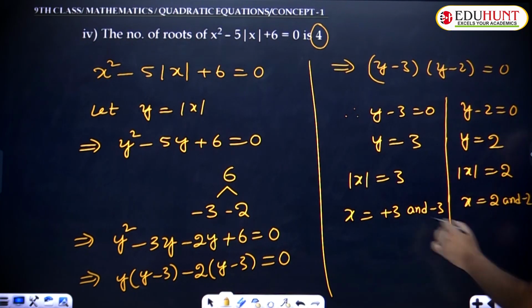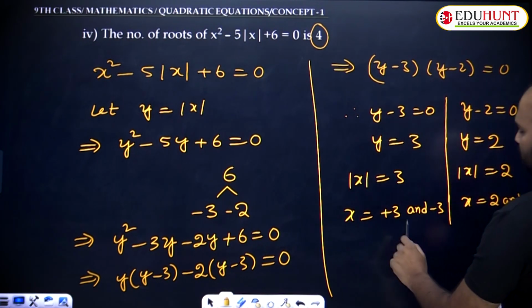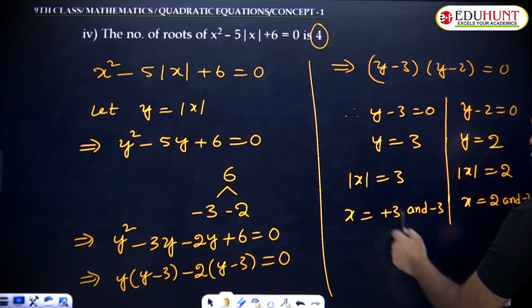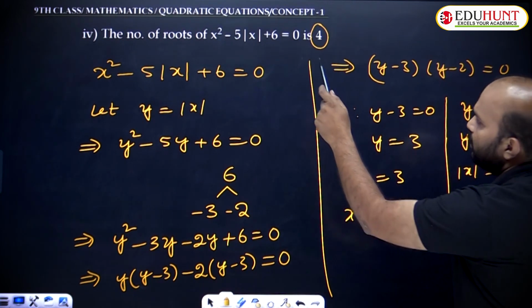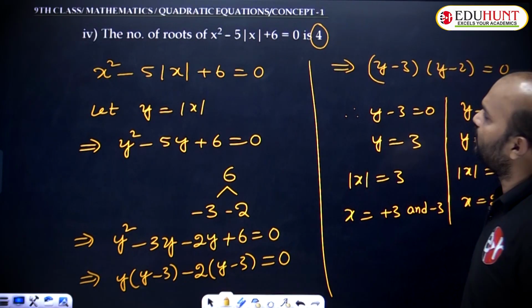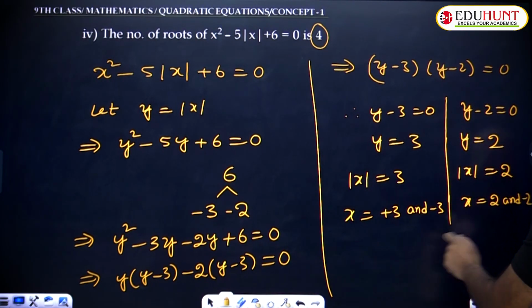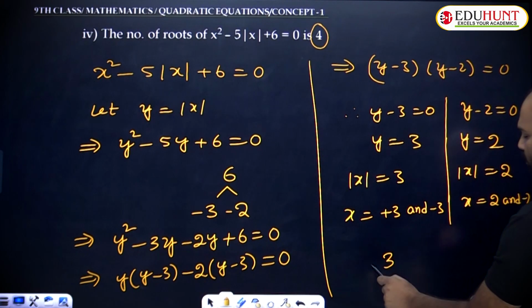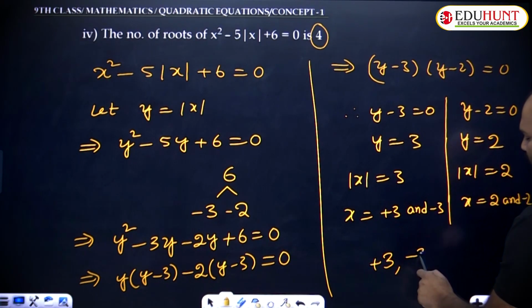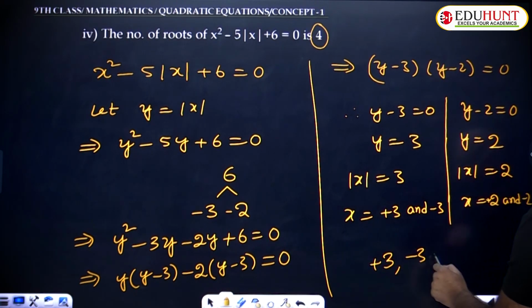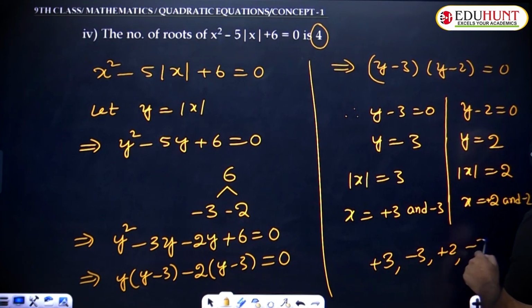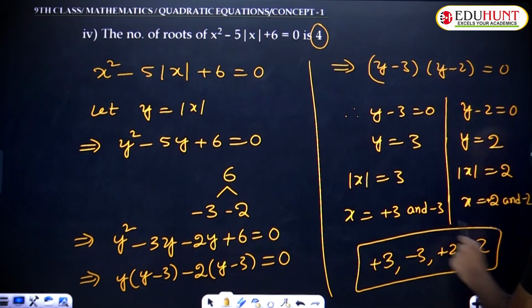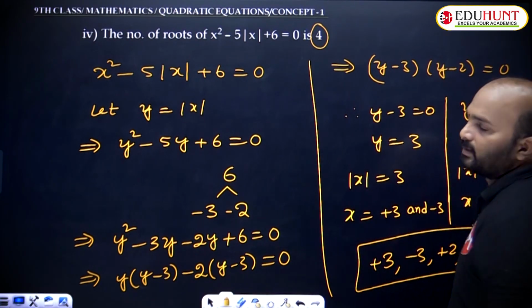Am I clear? So clearly we need to understand how many roots we are getting. Roots are solutions. Now the equation x square minus 5 mod x plus 6 has 4 roots: plus 3, minus 3, plus 2, and minus 2. So these are 4 roots. Is the statement satisfied or not? Yes.